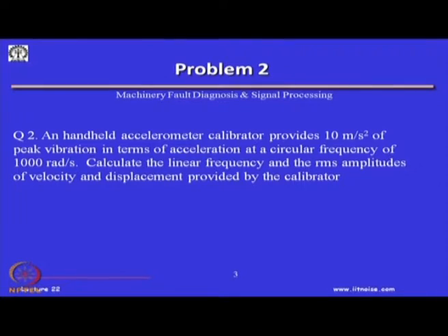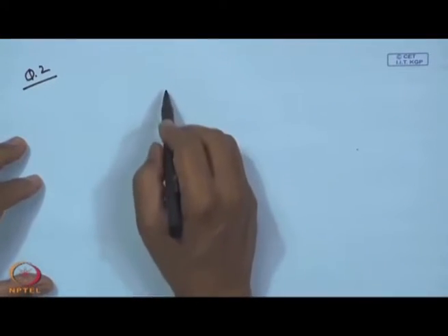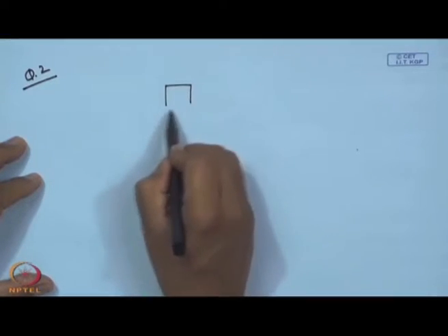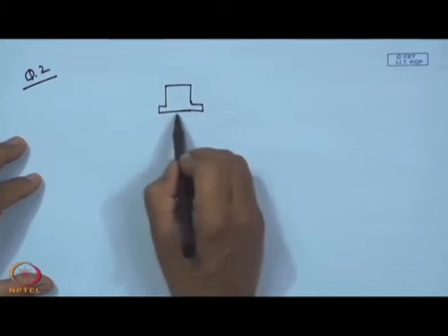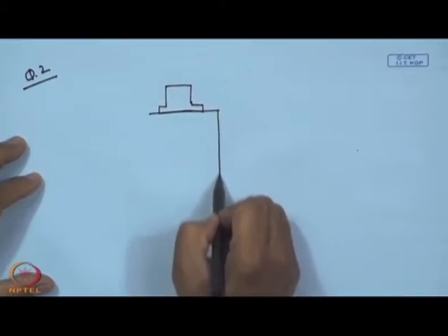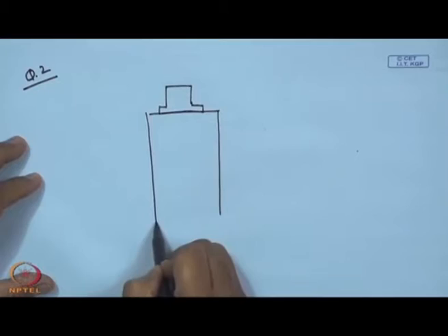Usually, to calibrate an accelerometer in the field, it is mounted on a calibrator.